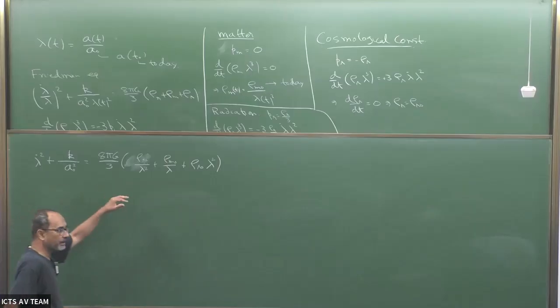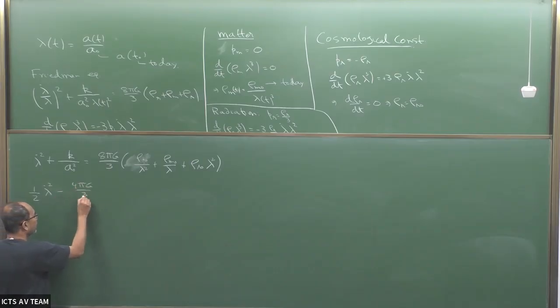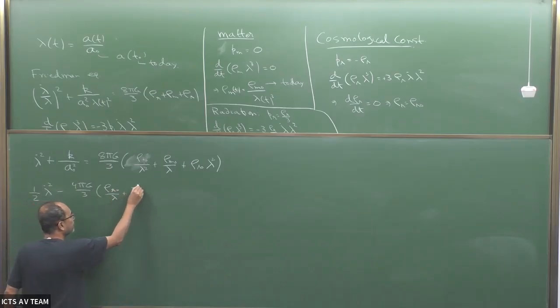So of course, this is a simple first order differential equation. You can solve it, at least numerically, if you cannot solve it exactly. But what we'll do is try to get a physical insight into this without actually solving it. To get a physical insight, we can write this equation in a slightly different way: half ȧ² minus 4πG/3 times (ρ_r0/a² + ρ_m0/a) equals a constant.